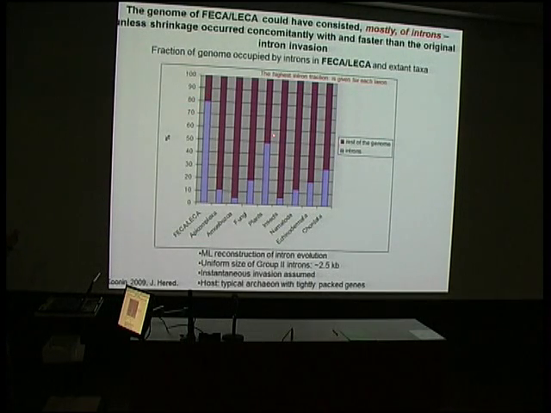The greatest fraction of genome occupied by introns these days is seen in plants, and it's a bit less than 50%. Now, the genome of the last eukaryotic common ancestor most likely actually consisted primarily of introns.